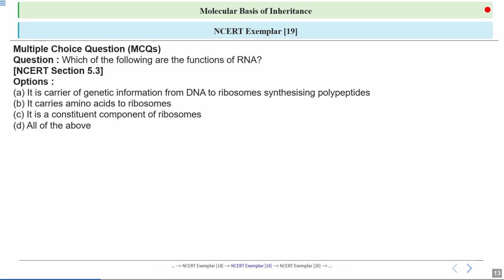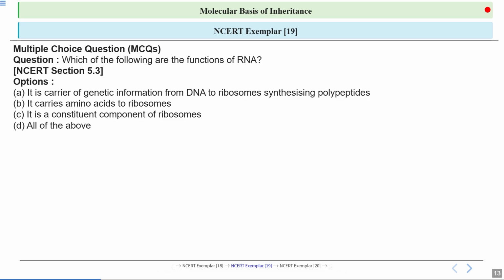Next question, which of the following are the functions of the RNA? So RNA has different functions. Four options are given to you. You have to choose the correct answer. First option is RNA is a carrier of the genetic information from DNA to ribosome for synthesizing polypeptides. Next option is it carries amino acids to the ribosomes.